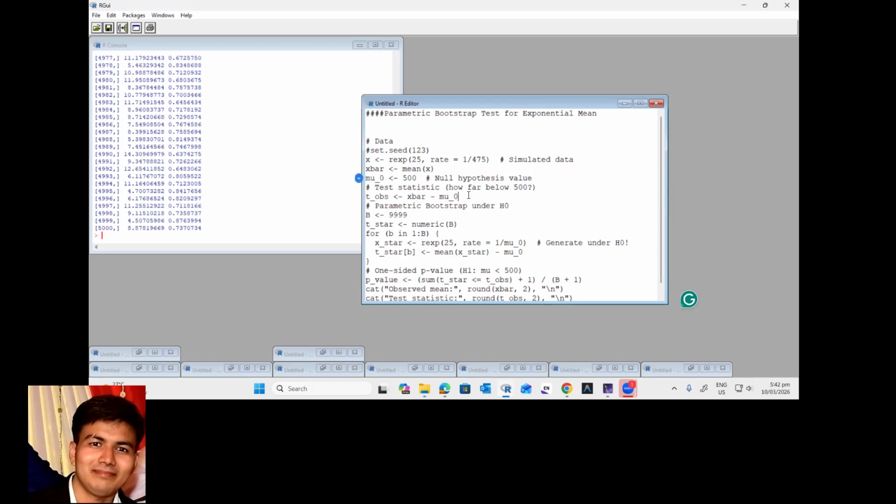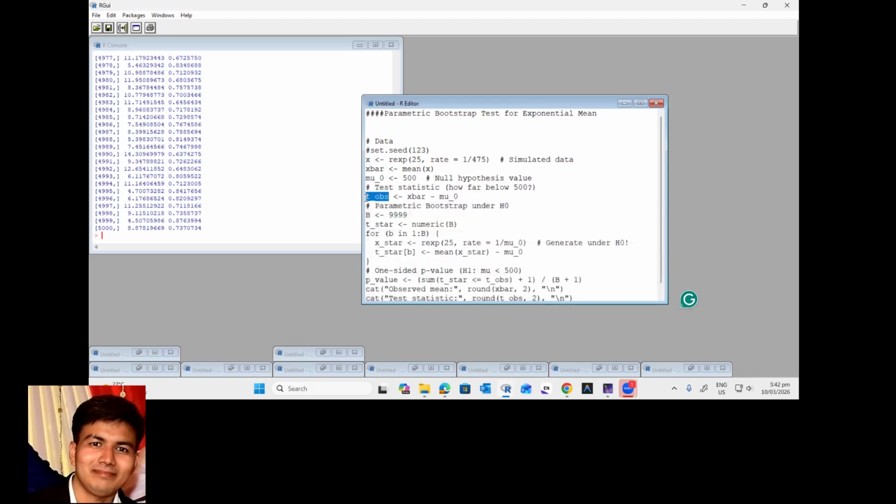So the test statistic is x bar minus 500, that is your mu naught. Because the alternative hypothesis is H1 such that mu is less than 500, we will look for evidence that the observed mean is less than 500, that is the negative value of the observed t.